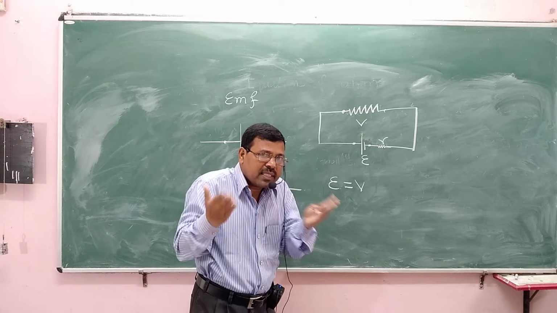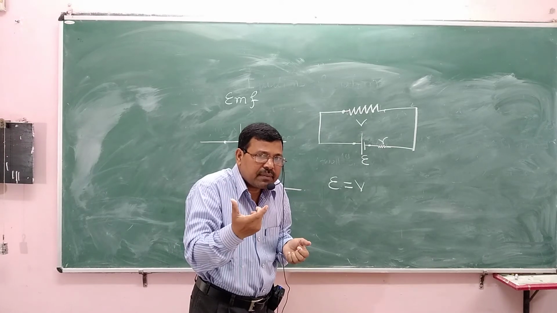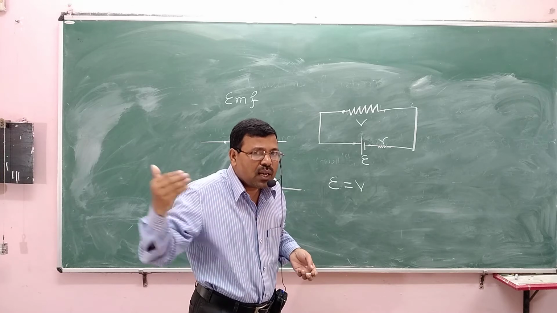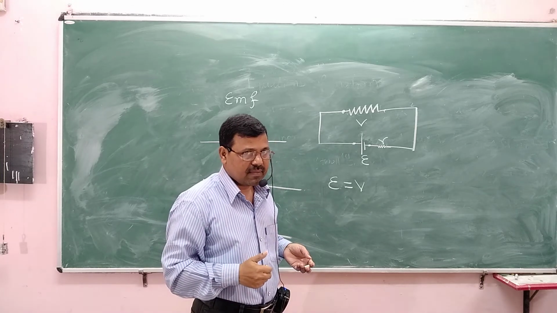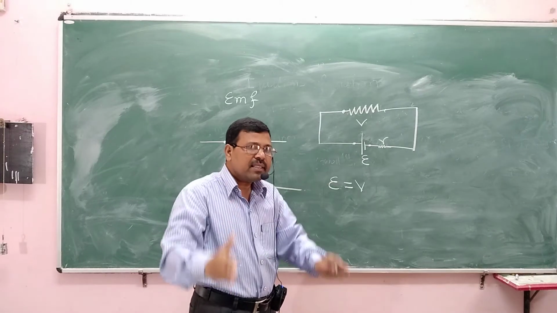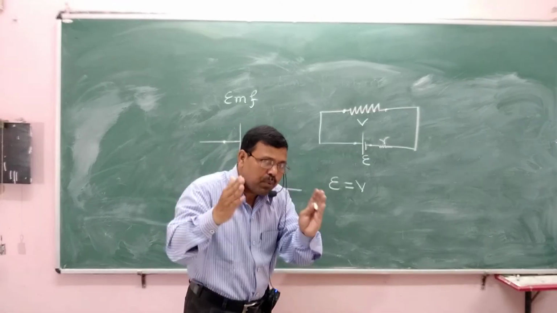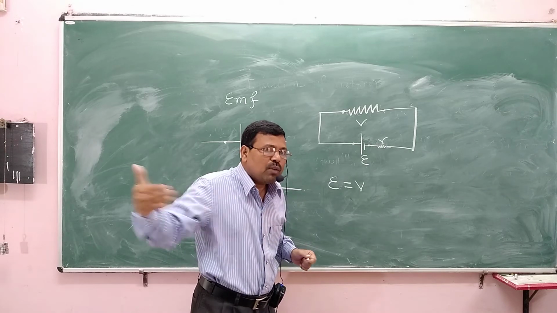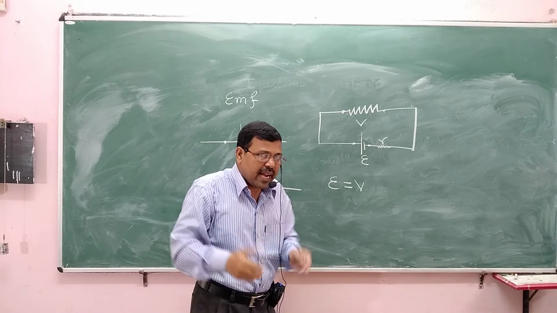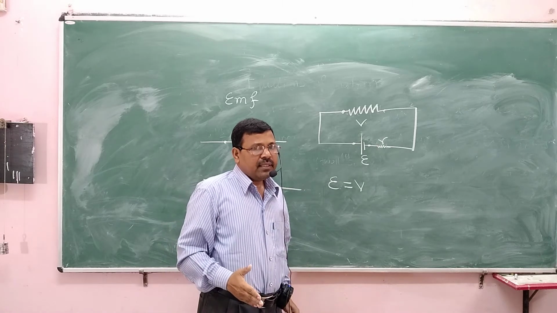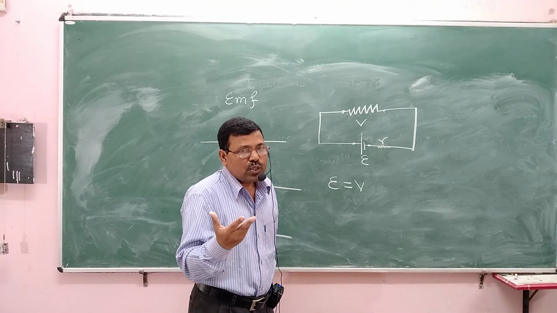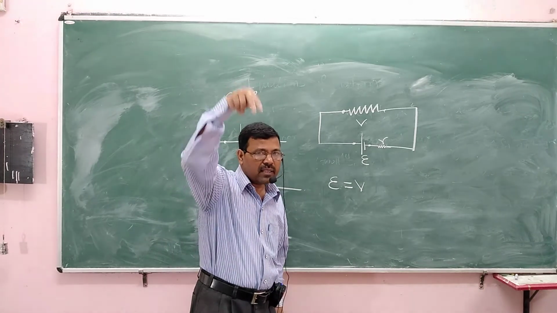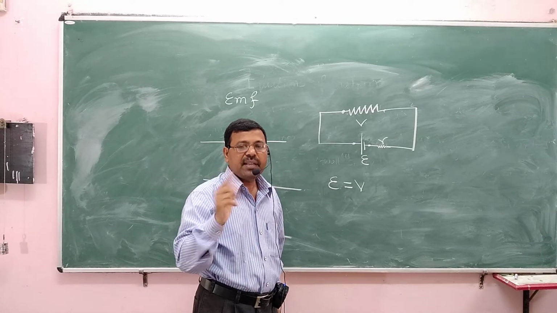It is the resistance of the electrolyte by which it opposes the flow of ions. Internal resistance is the opposition offered by the cell itself to the flow of ions.